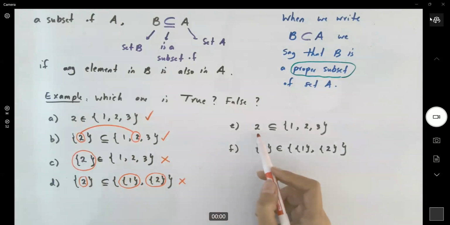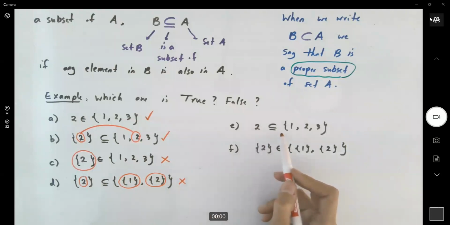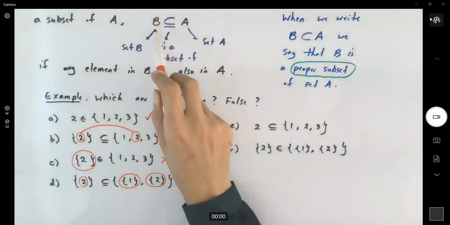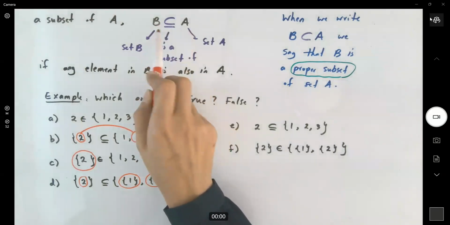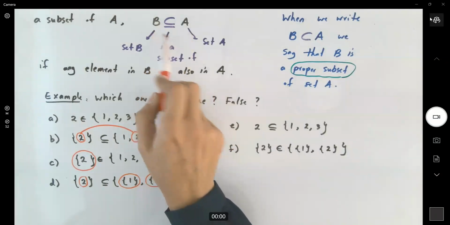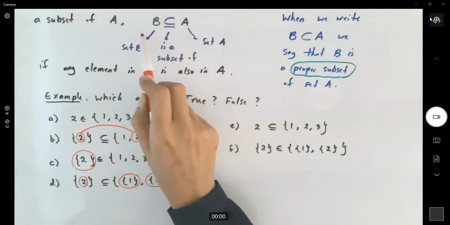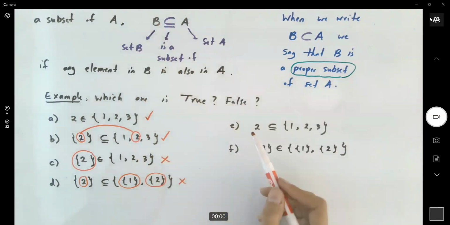What about this guy? It says, hey, 2 is a subset. When we are talking about subsets, on the left, on the right, you must have set symbol. You need to have set symbol on the left-hand side. You don't have any set symbol here. It's just a pure number.